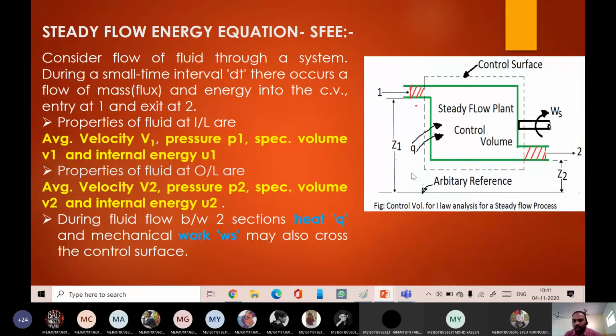In the same way, at the outlet section the pressure is P2, velocity is V2, internal energy is U2, and specific volume is small v2. Q is the heat added at 1 and Ws is the shaft work produced by the system. These are the assumptions we are making.